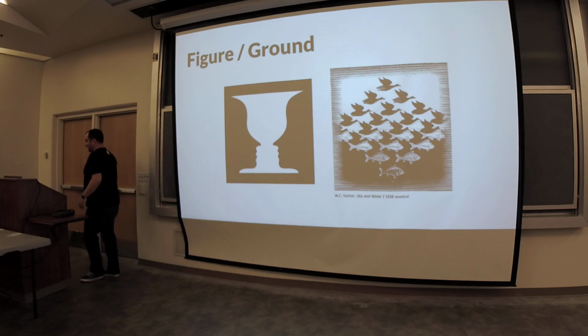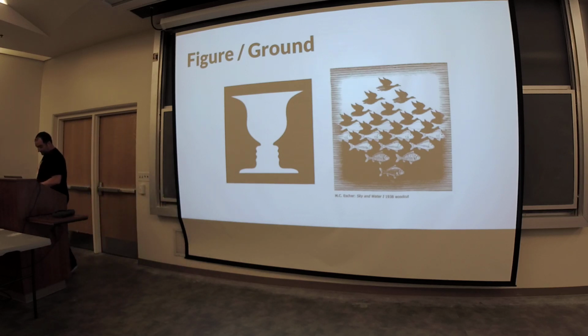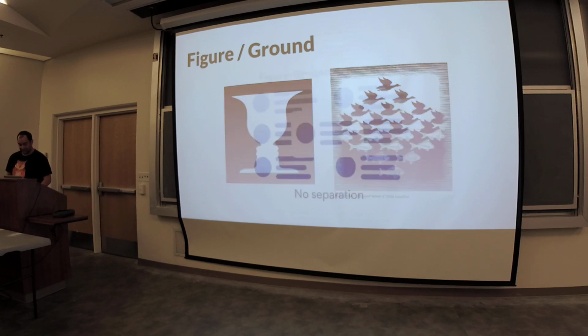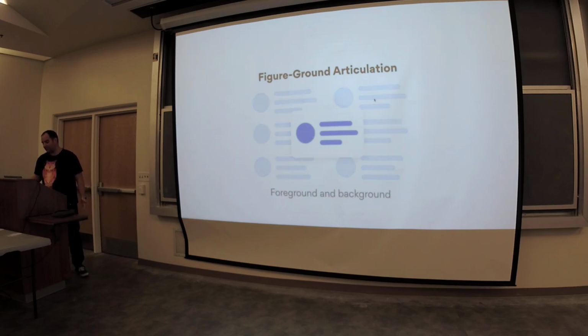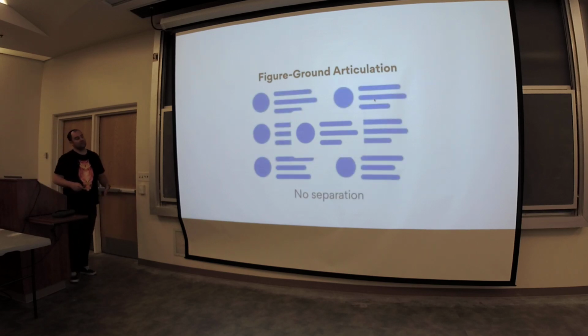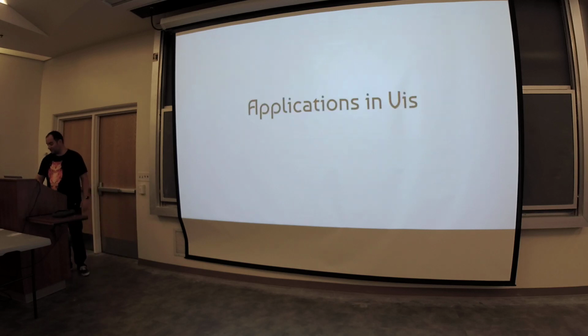So these are MC Escher pictures. You've probably seen those before. So how can we use this to articulate figure and ground? Here is an example. Here we don't have a separation, but if we modulate our backgrounds, then we can very clearly see this distinction here.